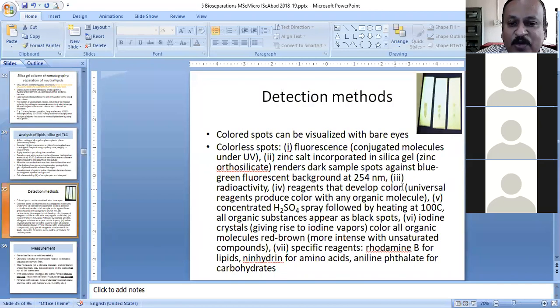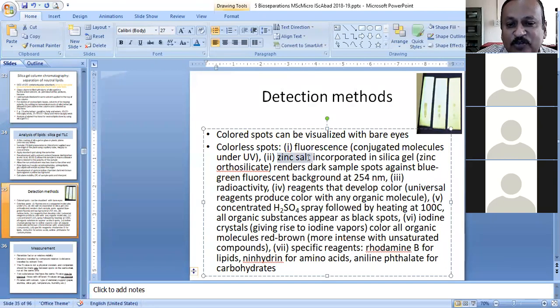Then, about detection, we can use fluorescent detectors. For example, if we add a zinc salt in the silica gel before preparation of the TLC plates, then the zinc salt will render a fluorescent background, and all the sample components will appear as dark colored spots on a fluorescent background.